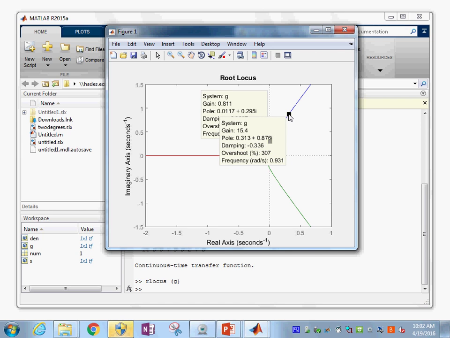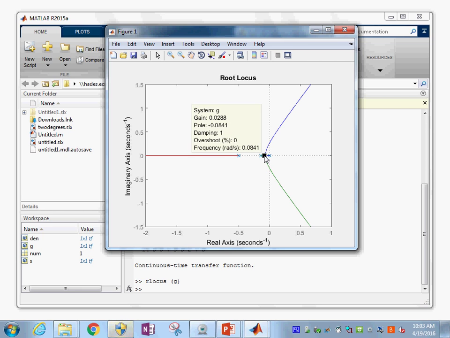With gain 15.4 as opposed to 0.8, the system shows overshoot of 300%. That doesn't sound right. But over here, look at the overshoot, 0% in here. If you want to test it someplace in the middle, over here, right there, 38% overshoot.